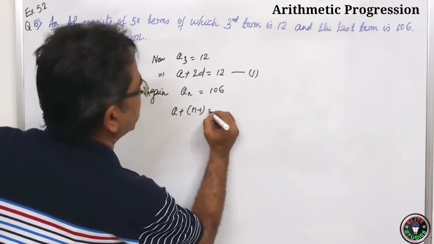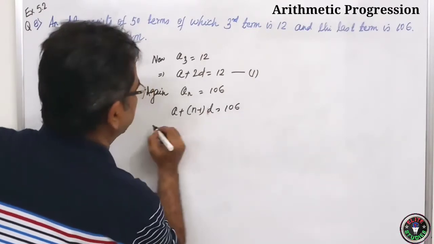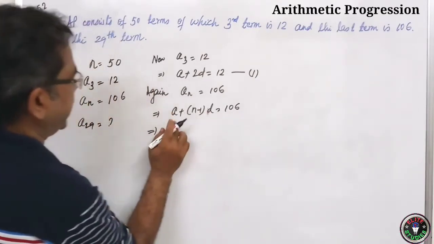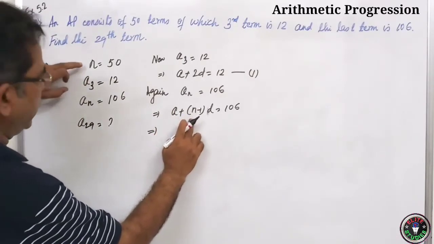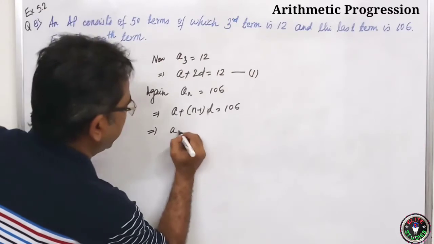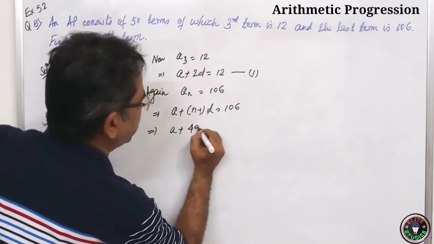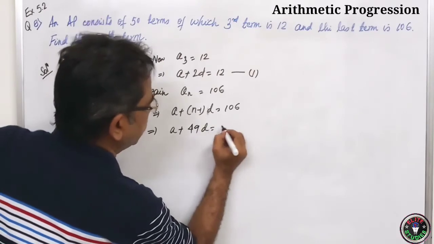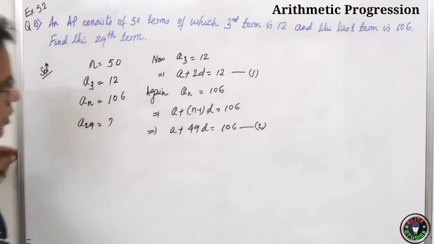That is equal to 106. So here A we don't know, but N we know it is 50. So A plus 50 minus 1, means 49D, is equal to 106. It is equation number 2.